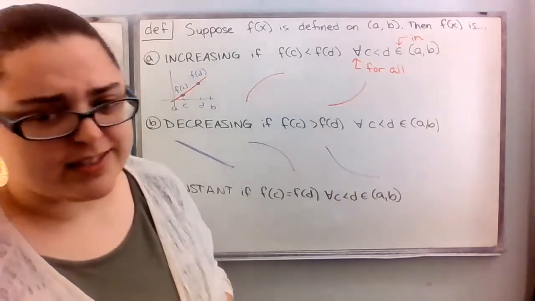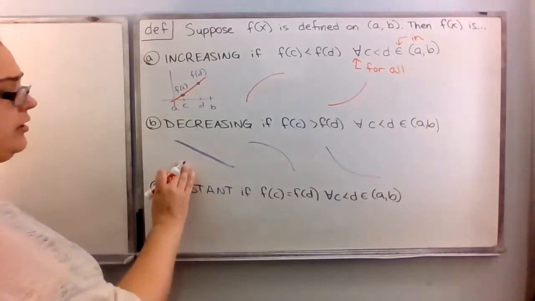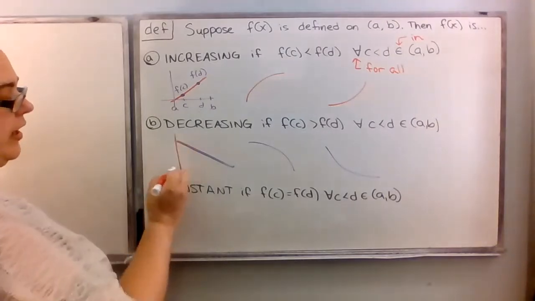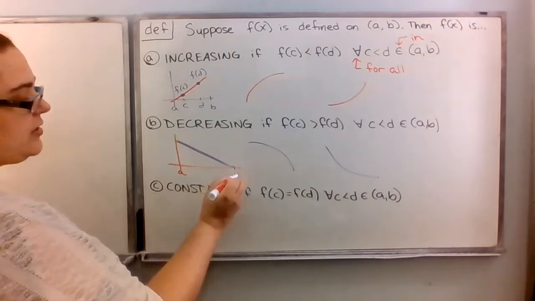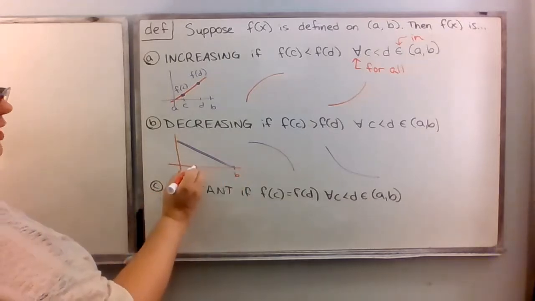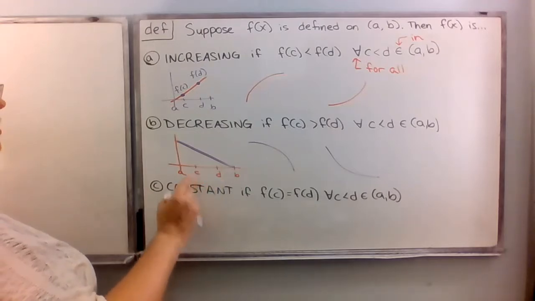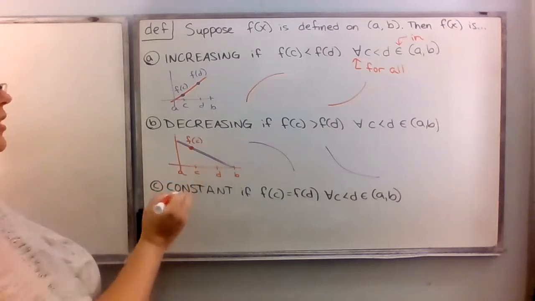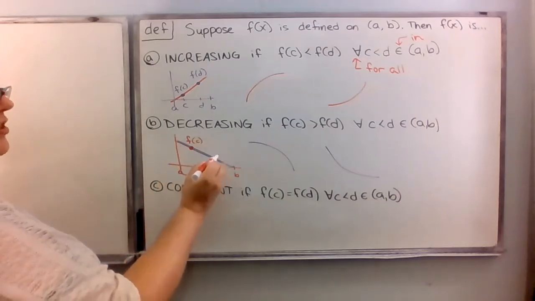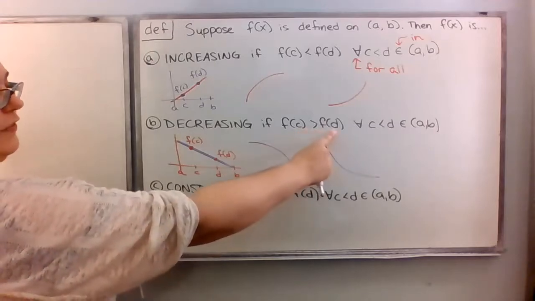And here we have the same sort of situation going on. So I'll demonstrate again over here. If this is my y-axis and my x-axis, if this is A and this is B, if you pick C and D, picking C smaller than D, then the y value for C has to be bigger than the y value for D. So f of c is bigger than f of d.